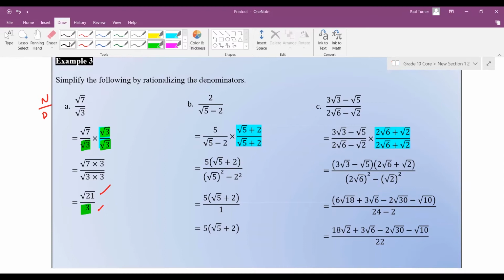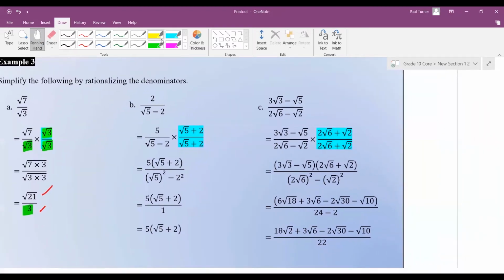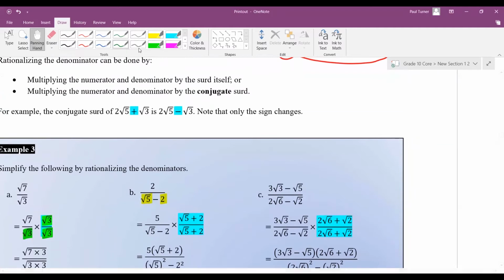Now, when you get to these problems where you've got 2 parts, root 5 and 2, we can still do it. You still will get down to 1 here, which is good. It's a rational number. You need to multiply by the conjugate, which is written up here, the conjugate surd.